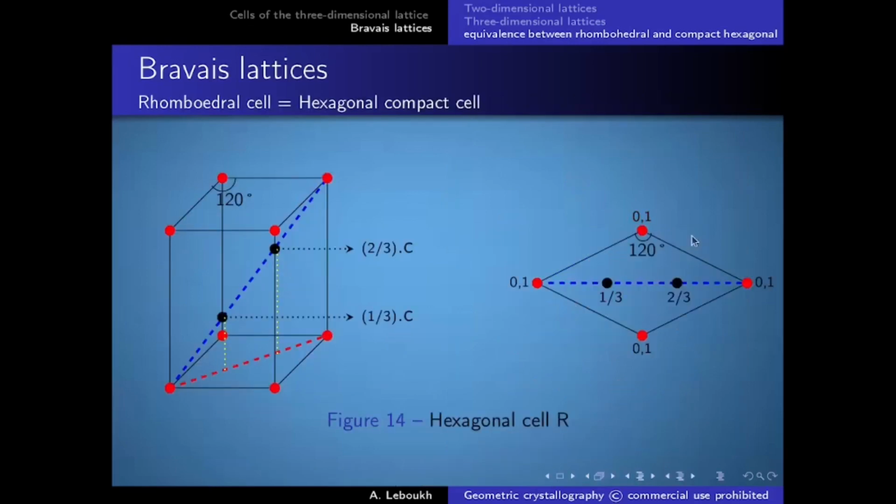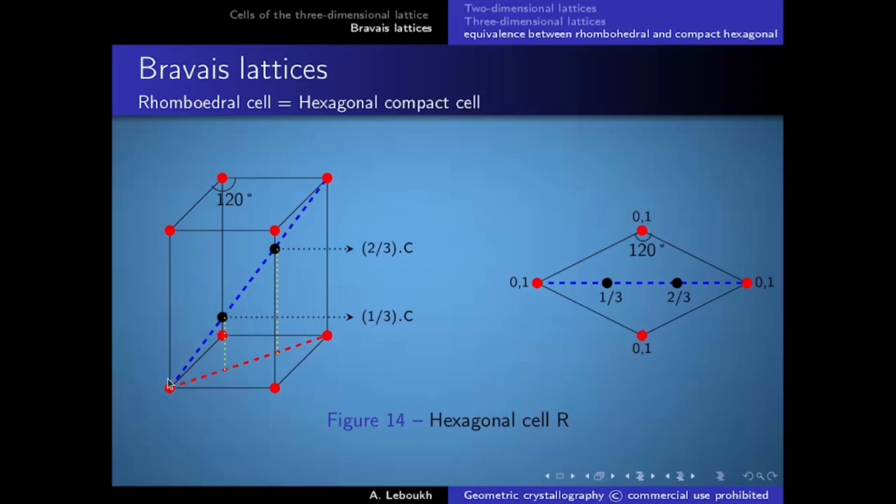Now we are going to take this cell and make the Cavalier perspective of this cell. We find the 4 red patterns here, and another 4 red patterns here, which are in position 0 and position 1.